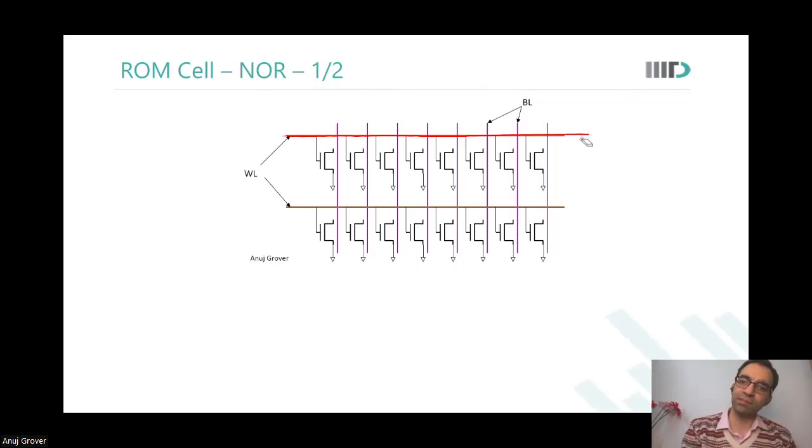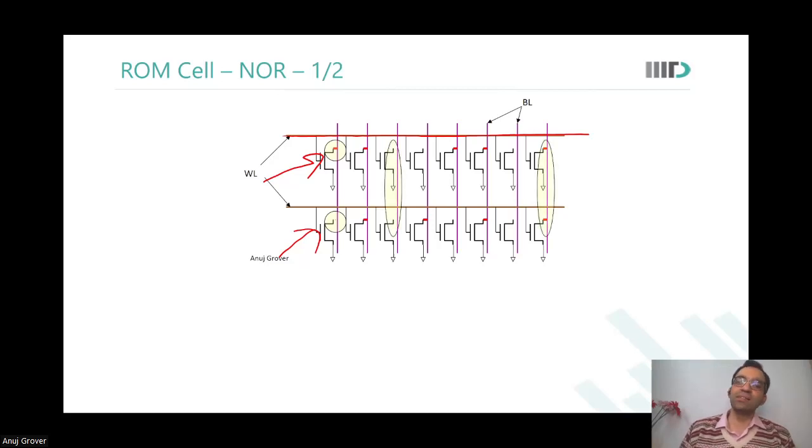Are you able to see that? Yes, sir. So what we do is, wherever I want to write a 0, that is wherever I want to discharge the bit line, at that place I will connect the transistor to the bit line. At other places I will not. So what happens? This one would discharge, this one would not.